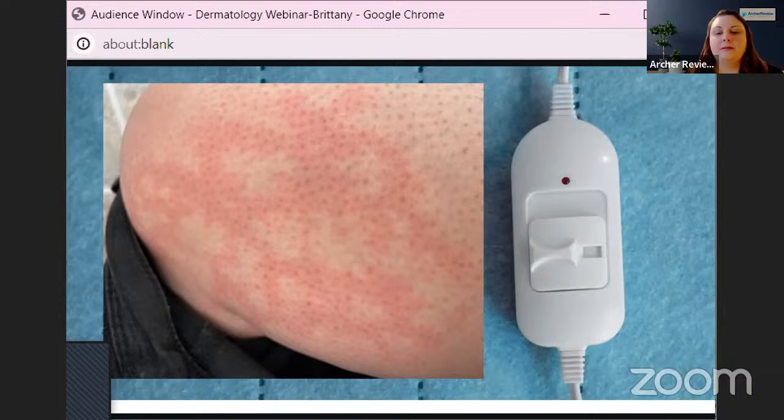And this patient had been taking some things like ibuprofen and using a heating pad. And this is what the rash, I'll say rash, if you will, looked like. So who can tell me the name of this condition and what we're going to do with it?